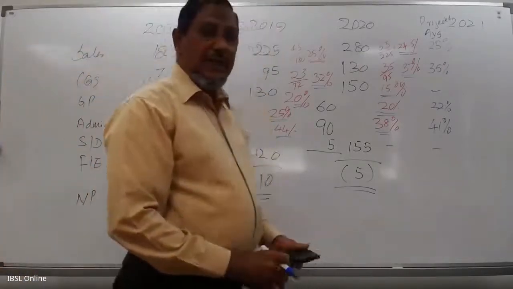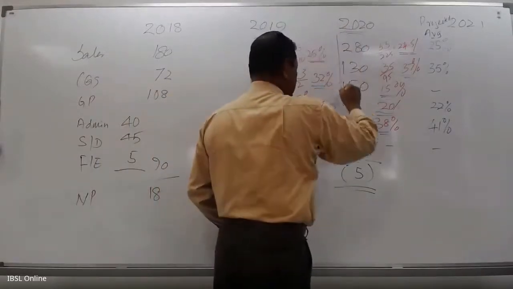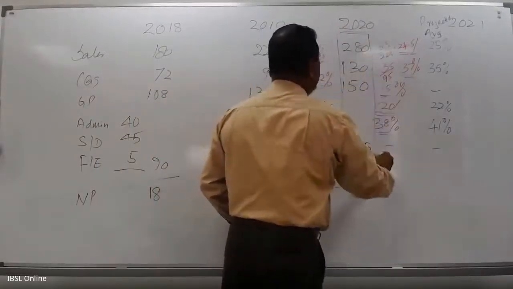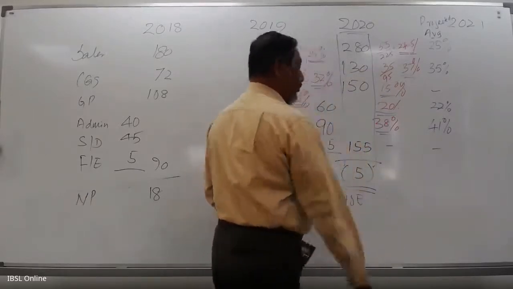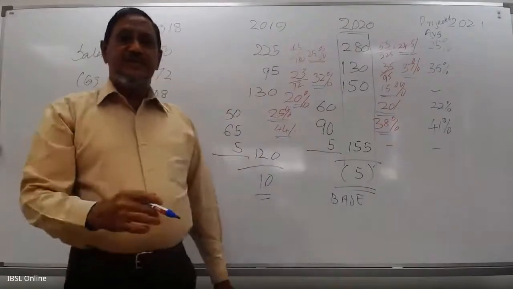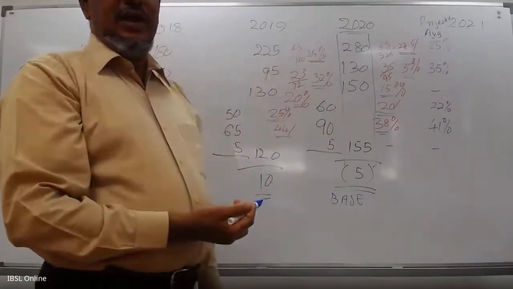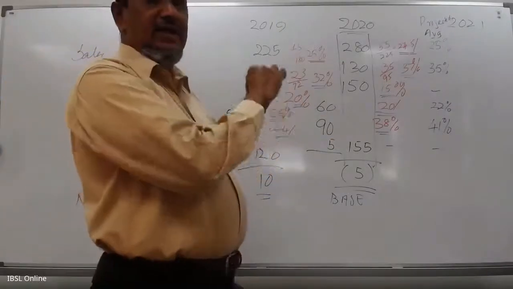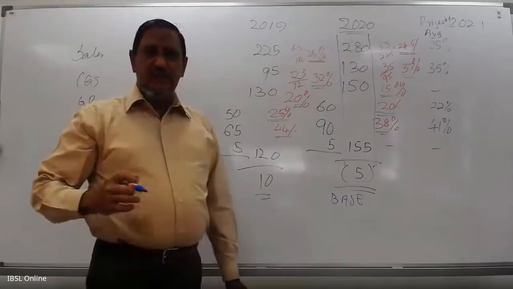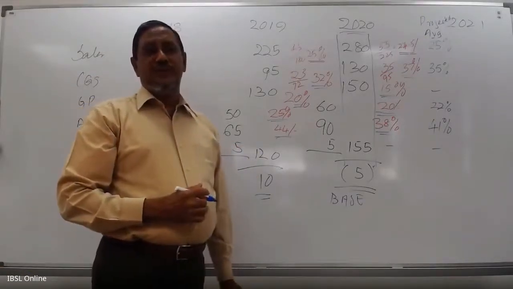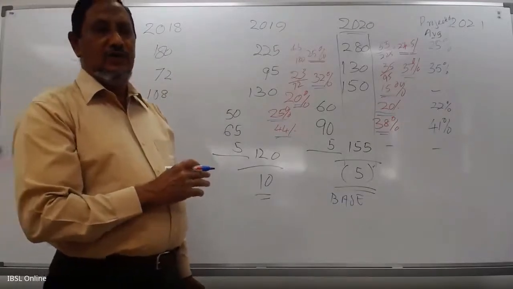To do the projections, we always take the last year as the base year. This is the base year, right? Always take the previous year as the base year and apply the projected rate to the base year, and that will give our projected figures. Okay, that's the procedure, how to calculate the projections. This is one method, the horizontal method.